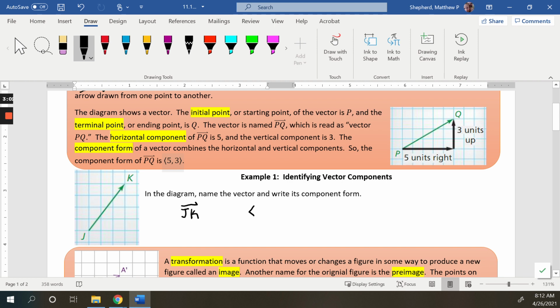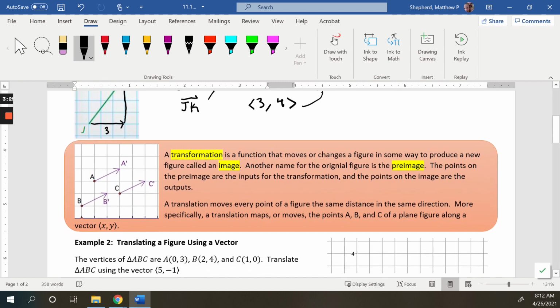We've named it, so now we have to figure out how far forward it went. It went 3 forward, so the x component is 3. And then it went up 4 places, so the y component is 4. So we did the name, and we wrote it in component form.